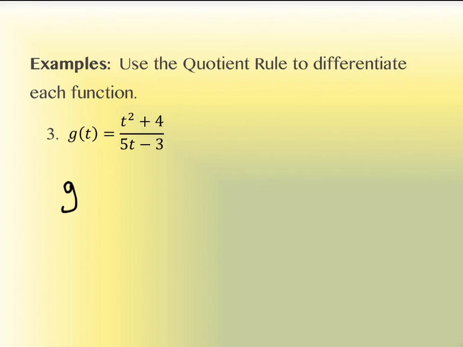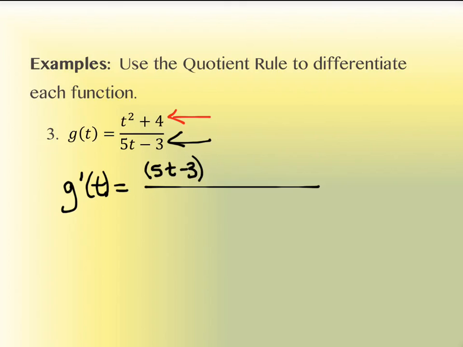So the quotient rule says that what I'm going to do is first rewrite the denominator. That's 5t minus 3. Rewrite the denominator, and I'll use the denominator in black and my numerator in red. And then I'm going to take the derivative of the numerator. So what is the derivative of the numerator? 2t is correct. And then what sign goes between them? A negative sign.